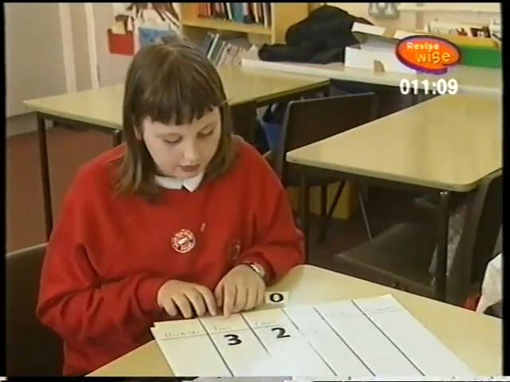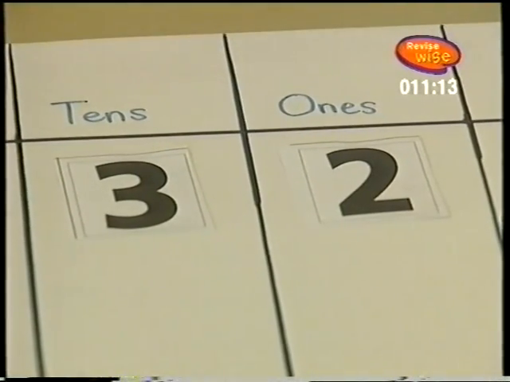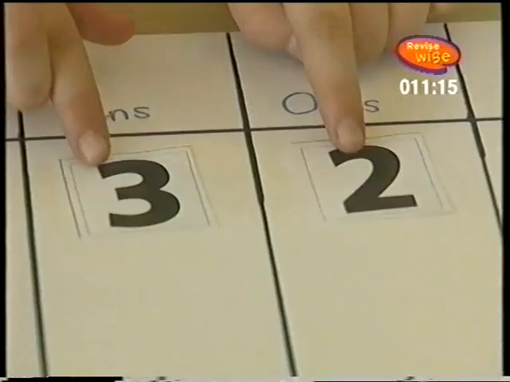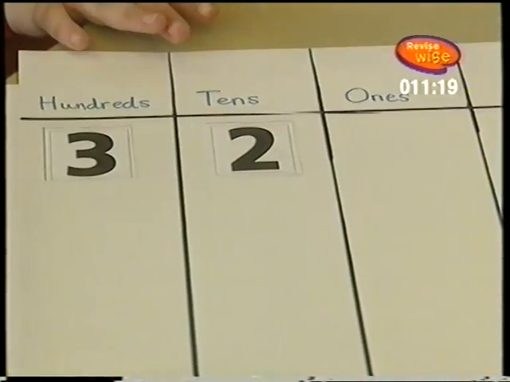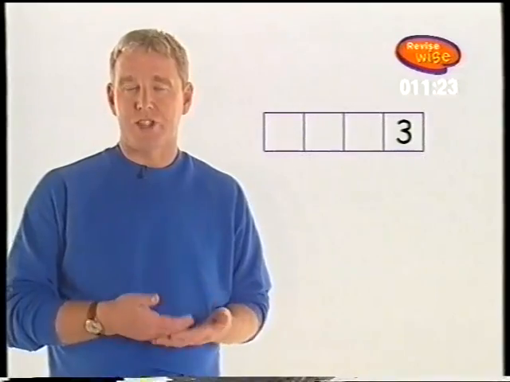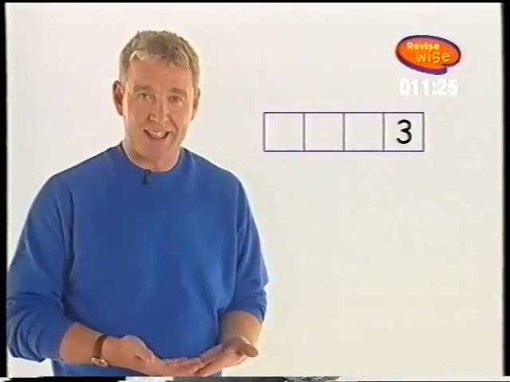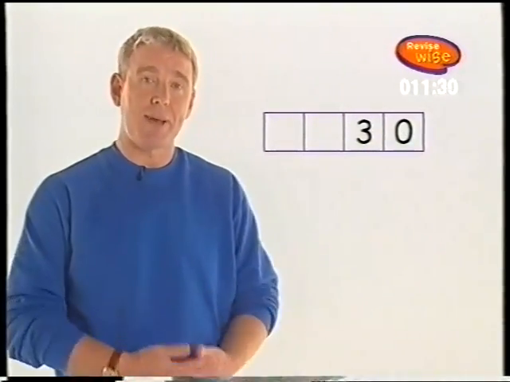Now, what happens when you multiply a number by 10? This number is 32. It is made up of 3 tens and 2 units. When it is multiplied by 10, the 2 digits move 1 place to the left, and where the 2 units were, a 0 fills their place. So, when you multiply a number by 10, the digits move 1 place to the left, and you put a 0 in the space.